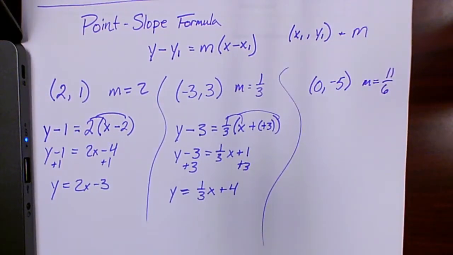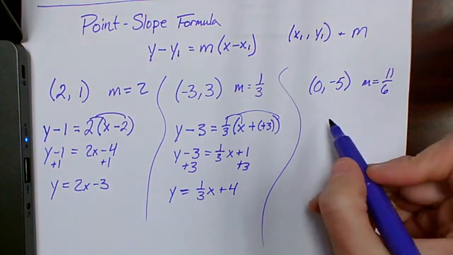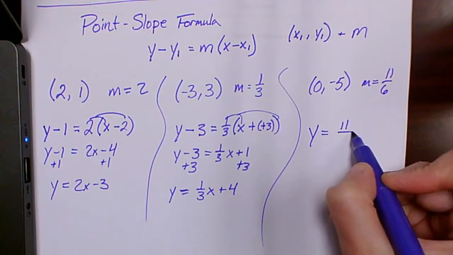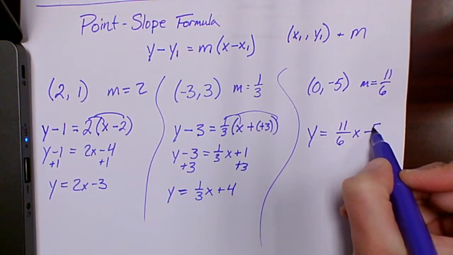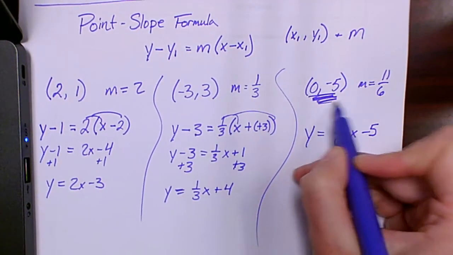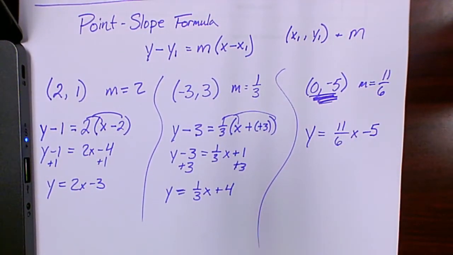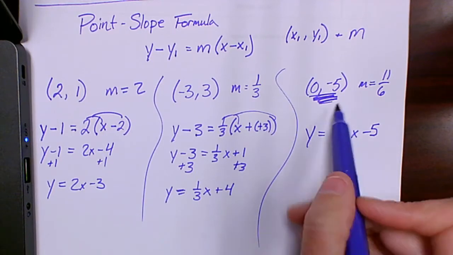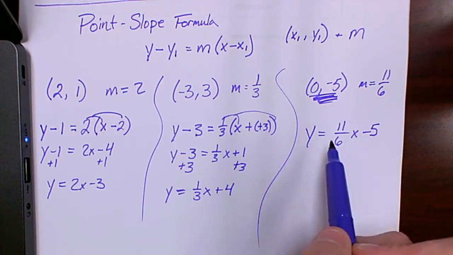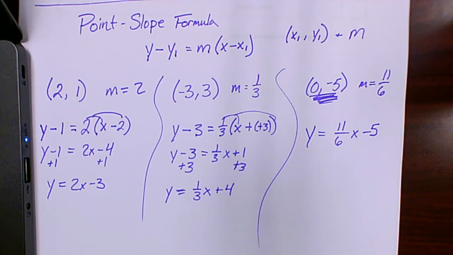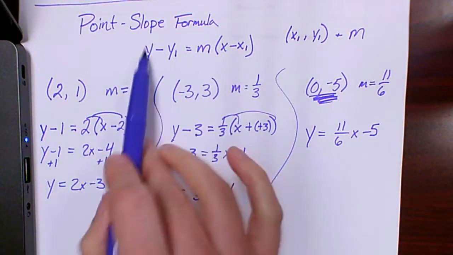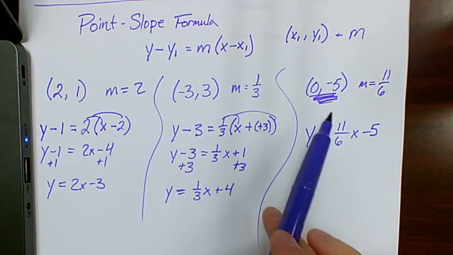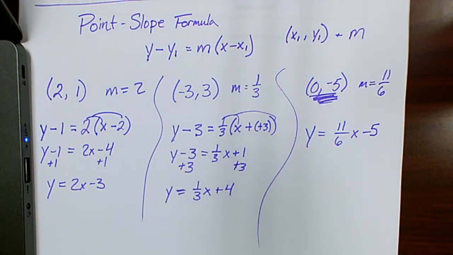Okay, so we have the point 0, -5, and the slope of 11/6. We'll have y equals 11/6 x minus 5, because this is actually a y-intercept. So we have a y-intercept of -5 and a slope of 11/6. So even though you get a point and a slope, don't always use the point slope form when you have a y-intercept here.